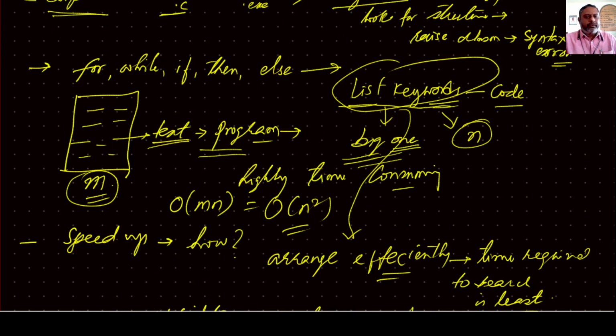So if you look at them, you can see that if then else, if then is most commonly used. Next commonly used is for. Then in some cases else also comes into picture, but as an early programmer, while loop is almost rarely used.